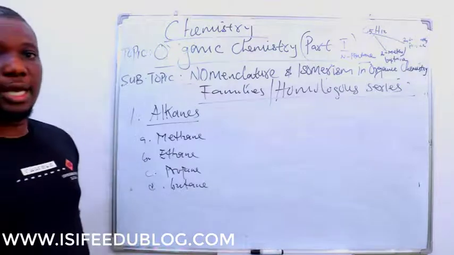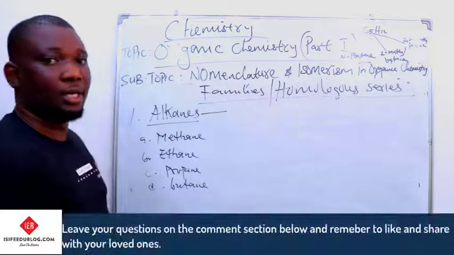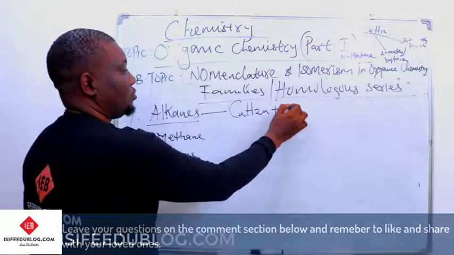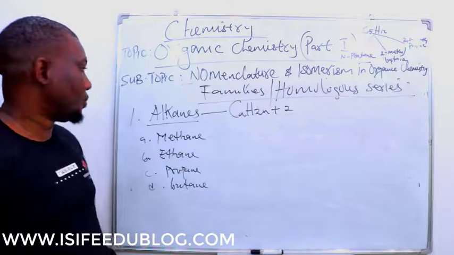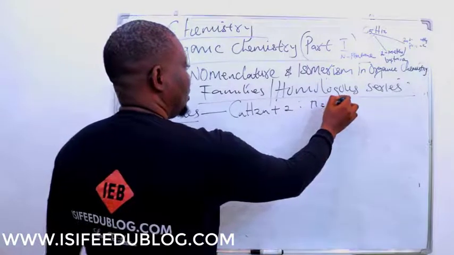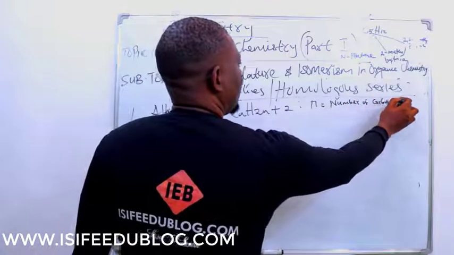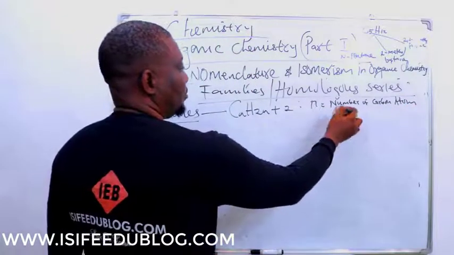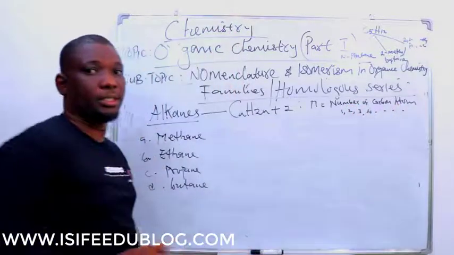Now, like you know, one of the features of a homologous series is that members all have the same general formula. The general formula of alkanes is CnH2n+2. Here n means the number of carbon atoms, whose value starts from 1, 2, 3, 4 till infinity.